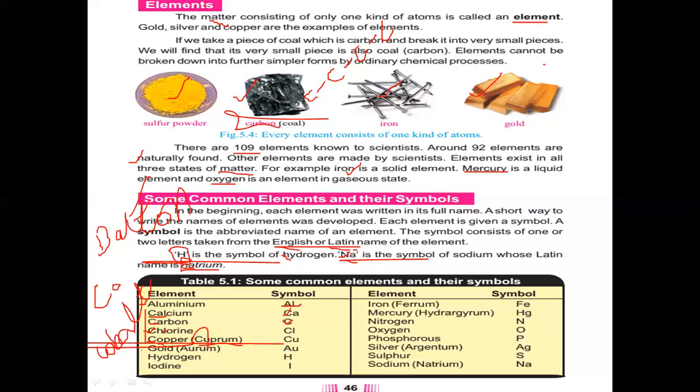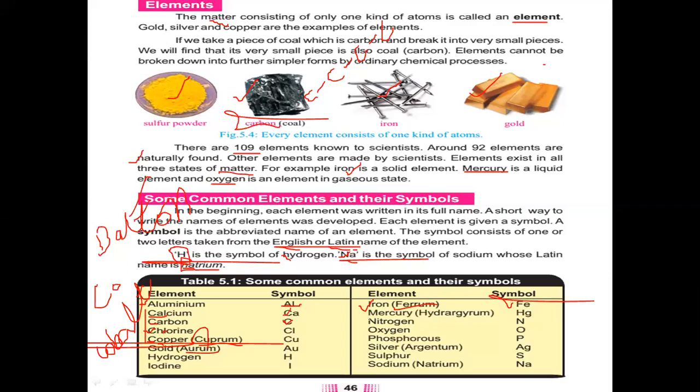Like gold: the Latin name is aurum, and the first two letters Au are given for gold. Hydrogen, yes, H. Iodine, I. Look, here is iron, again I. So scientists didn't give I for both, or Ir, so it is feasible to write ferrum. Ferrum is the Latin name, so the first two letters Fe are given as the symbol.